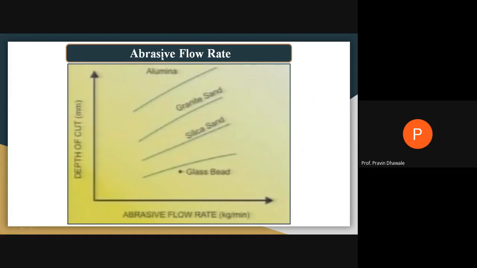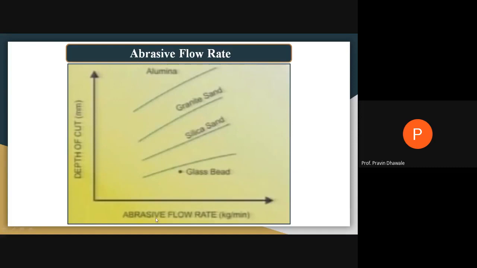As we go on studying the effect of abrasive flow rate on the depth of cut, on the x-axis we are taking the abrasive flow rate in kg per minute, and on the y-axis we have taken the depth of cut or material removal rate in mm.